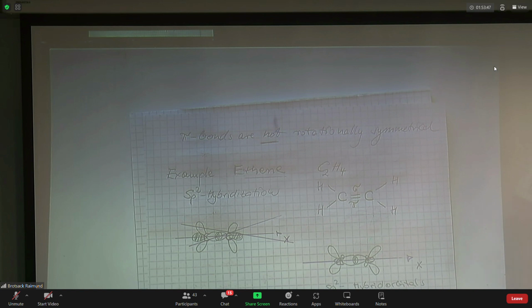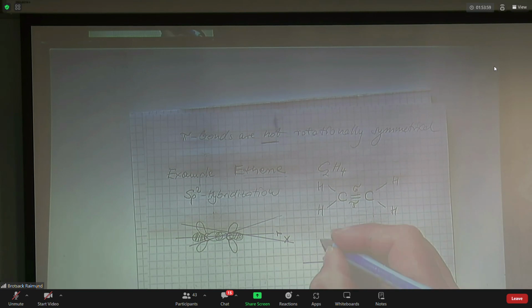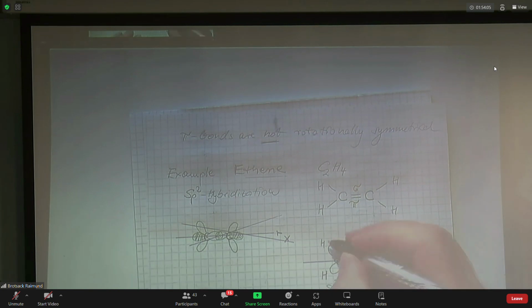They are looking into the edges of a triangle. Here we have the hydrogen, here we have the hydrogen, here we have the hydrogen, and here we have the hydrogen. From the hydrogen, we know it's just an s orbital.